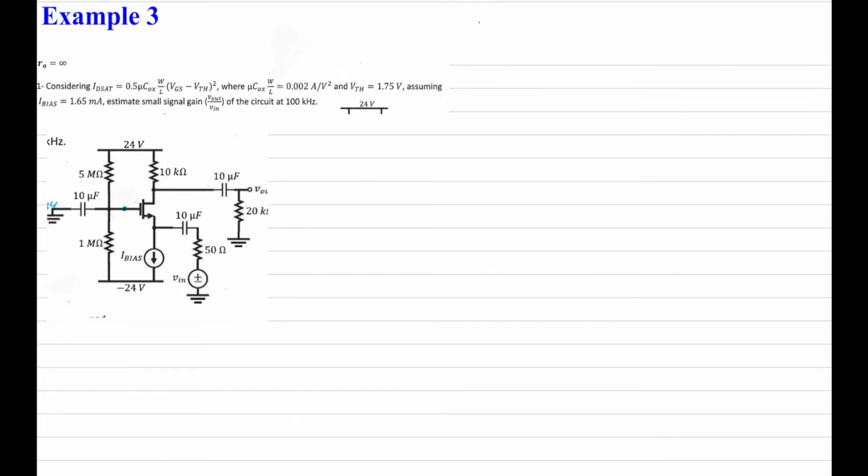So we're told that ID sat equals half mu Cox W on L times VGS minus V threshold squared. That's basically just reiterating that ID sat is always going to equal half Kn VOV squared, in the simplest notation.